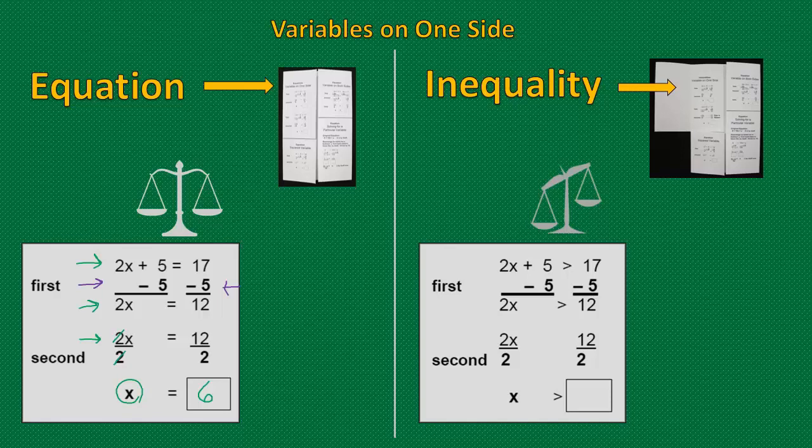On the right side of our page, we have an inequality. Notice that the problem looks very similar. The biggest difference is the inequality symbol. 2x plus 5 is greater than 17.